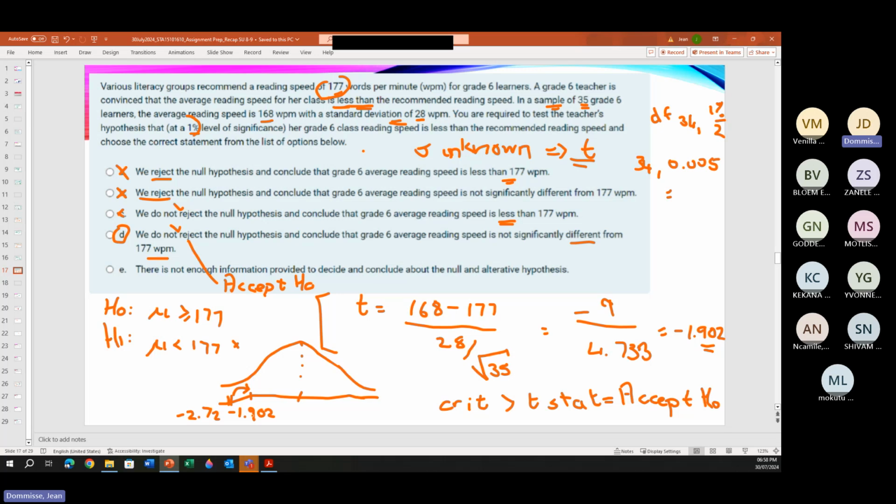So it is very important, and I made the mistake in this one, that here your population standard deviation is unknown. Because it's unknown, we work with a T. We work out the T exactly like we would with a Z value, but what we test it against is a T value with degrees of freedom and not from a Z value table. Okay.